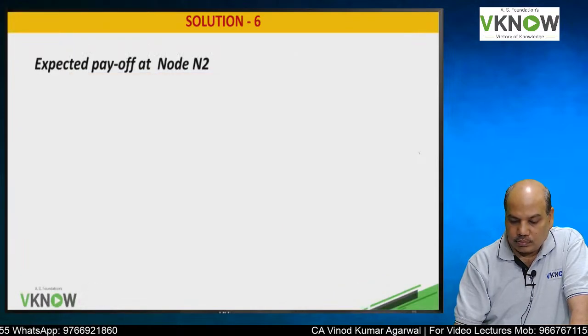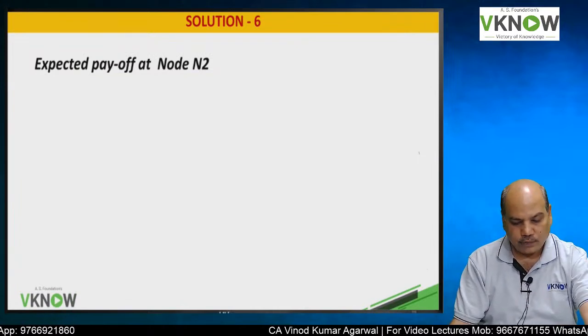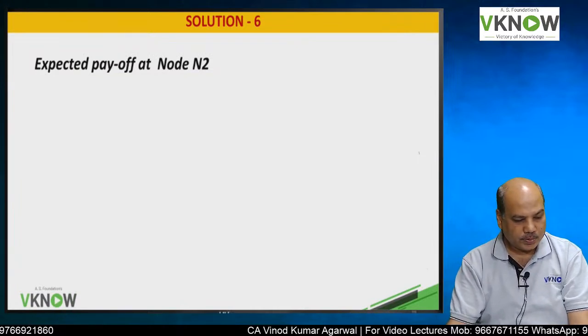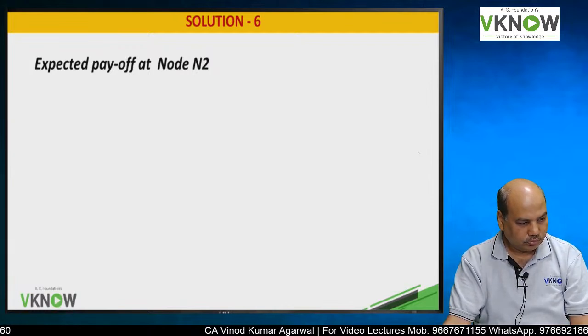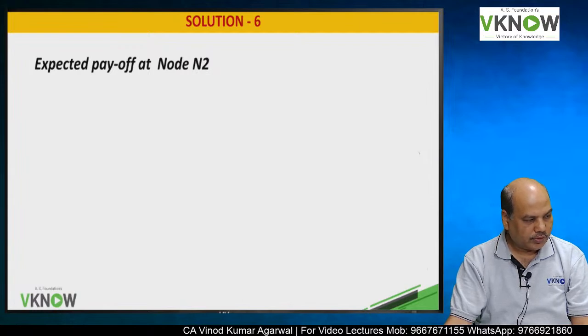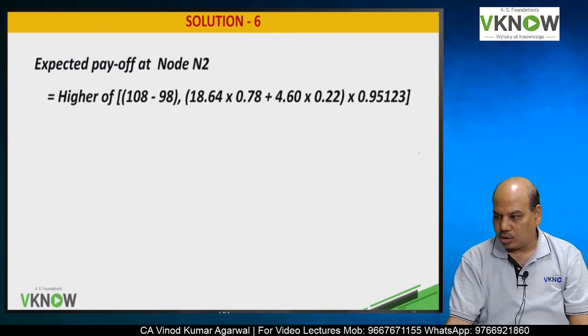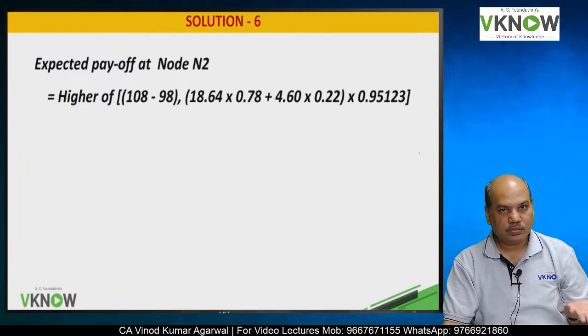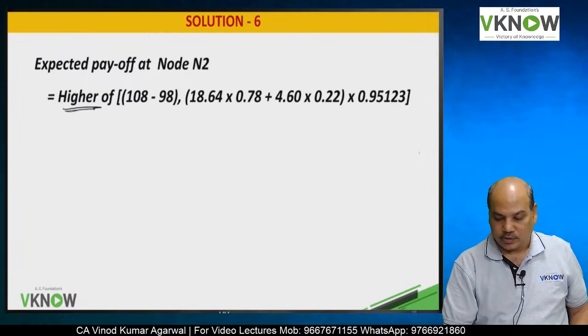So write down expected payoff at node N2. Question in front of you. Expected payoff at node N2 is higher of, why higher? That value which is more profitable will be exercised.